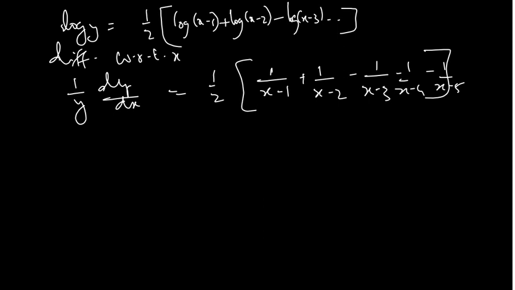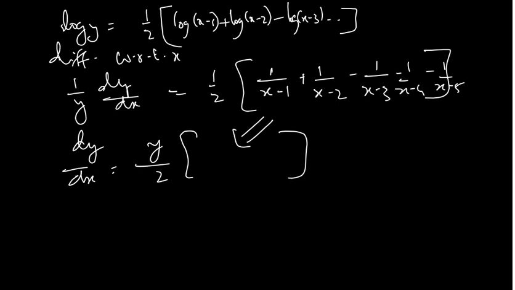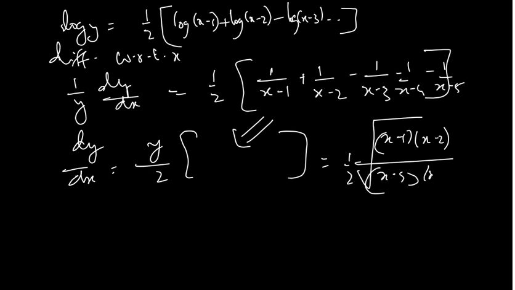So dy by dx equal to, this y will go to the other side, y by 2 into this entire thing. So now I substitute y back. That means y is nothing but square root of x minus 1 into x minus 2 divided by x minus 3 into x minus 4, x minus 5, and this entire remaining part will come here. So that's how the long answer goes.